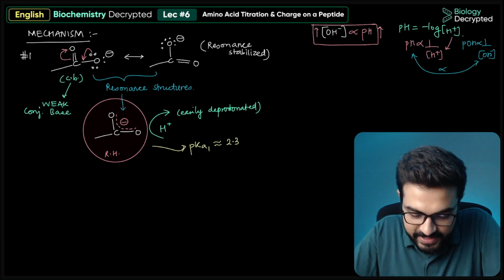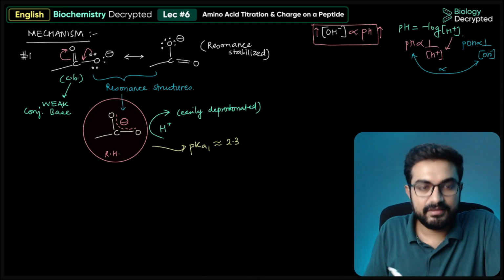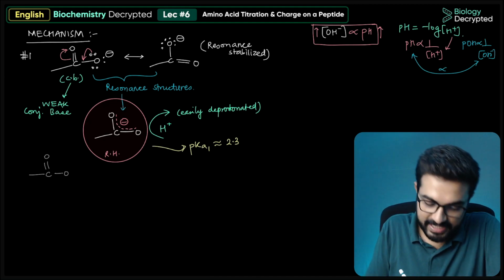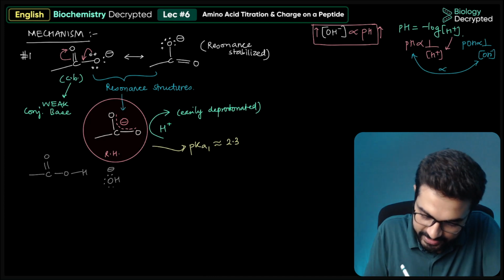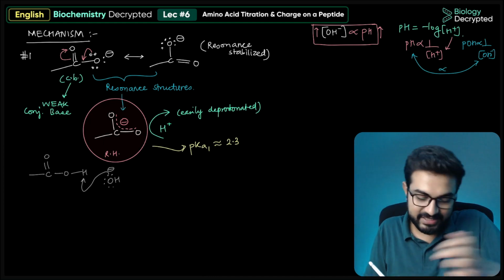What happens here is a very simple reaction. This is your carboxylic acid group, and while you are titrating, the OH minus ion makes an attack here and tries to abstract the proton.